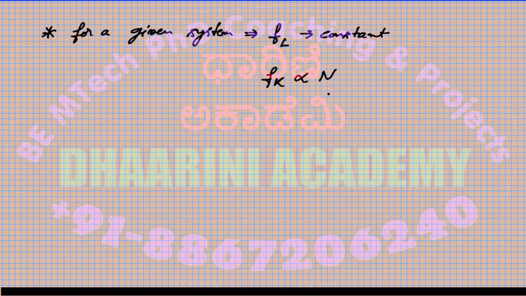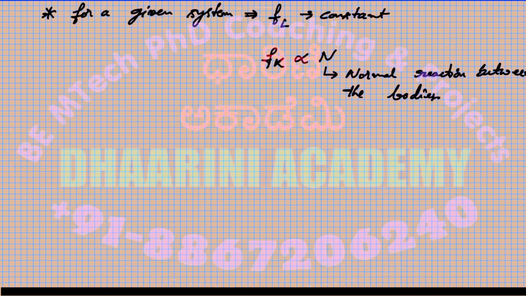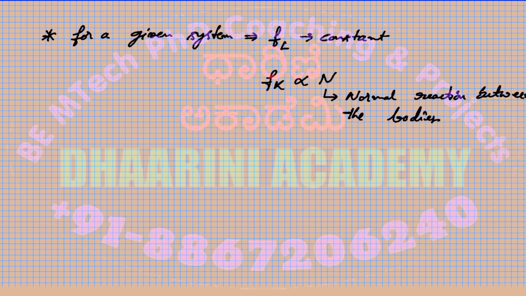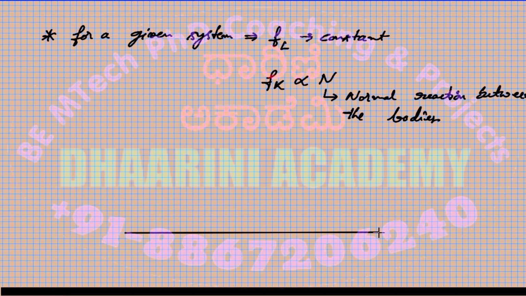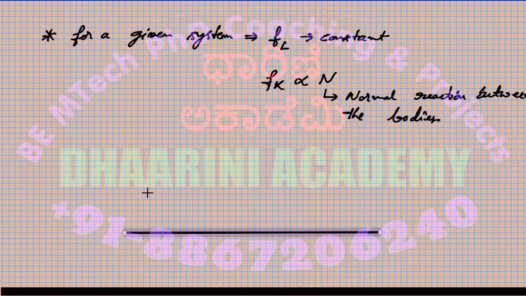Now let's look at what this normal reaction is. Let's consider a surface, two different objects, with a body placed upon it.